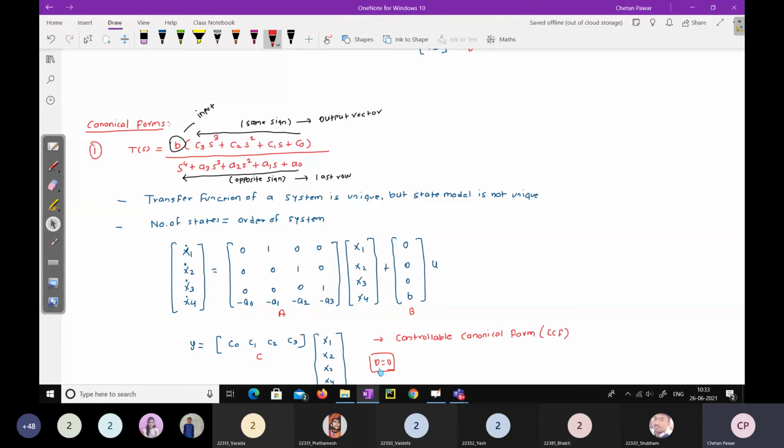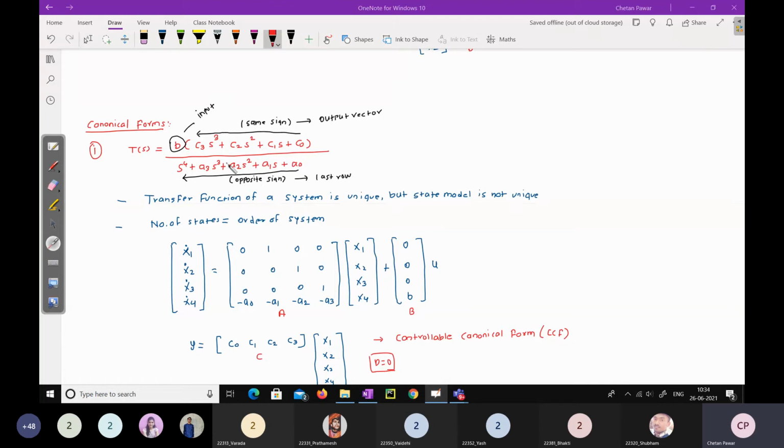There is no D. So if they give you a transfer function like this in a competitive exam and ask you to find the state space model from this transfer function, you can apply this shortcut technique.